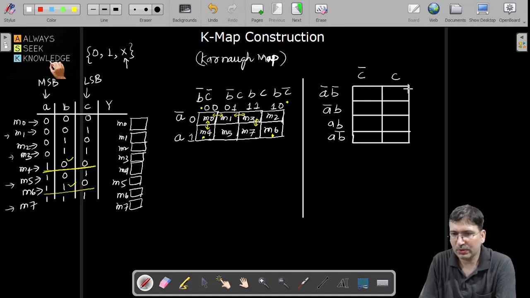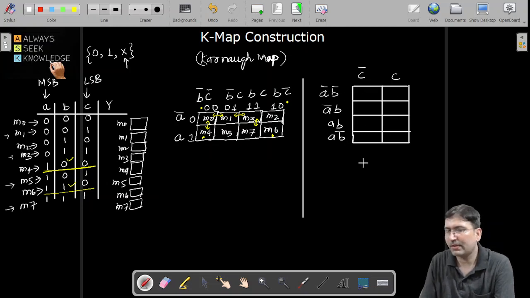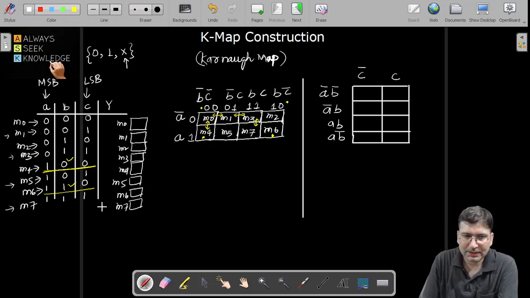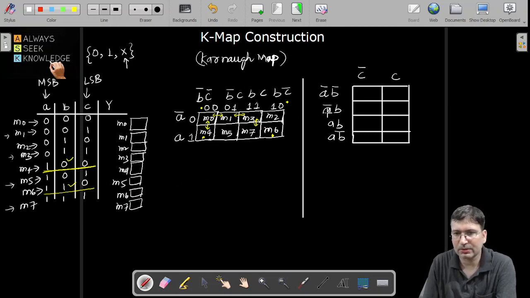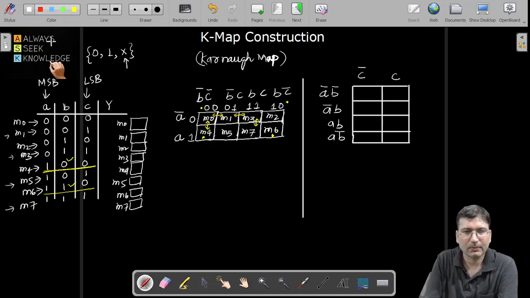So in this way, if you see all the adjacent cells, whether horizontally or vertically, they differ by just 1 bit, right? So whatever the values of these cells are, we start filling them. Whether you construct it like this or this, it doesn't affect the combinations or grouping of the places, right?